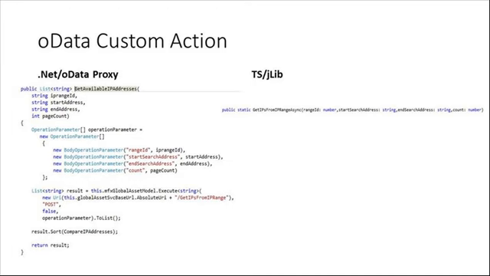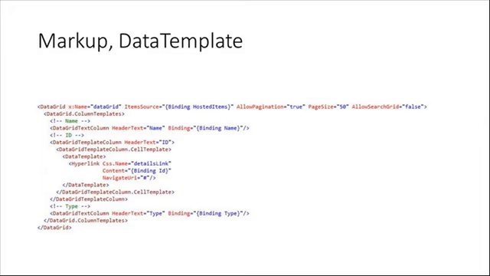Also, for OData custom actions, we can generate a proxy just like a method. But right now in our application, when using the .NET proxy to talk to the OData service, we need to write a little bit more complex code. We also talked about markups and data templates, which allow us to specify how each item will be rendered.